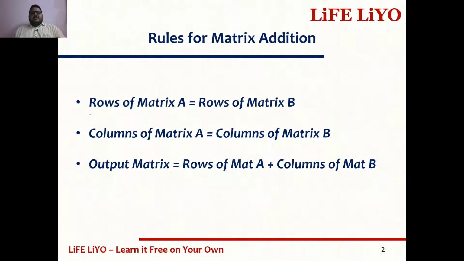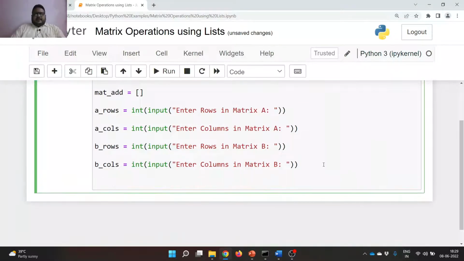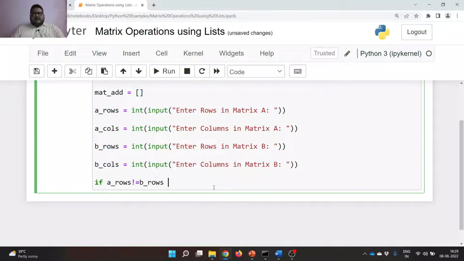Now what do we have to check? We have to check whether the matrix A rows and matrix B rows are the same or not. How are we going to check? If matrix A rows not equal to matrix B rows, and columns of matrix A not equal to the columns of matrix B, I will take this into parentheses.